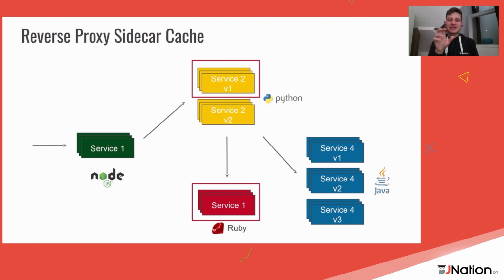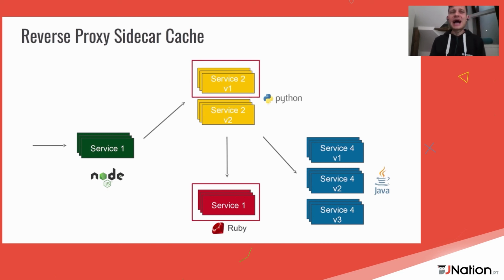And you are adding a functionality, and that is the whole beauty of this approach. And it's so nice that you can, in a declarative manner, define, okay, I would like service 2 version 1 and service 1 to get cached. That's all. So this is why I would use it.